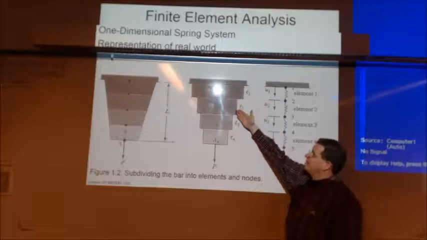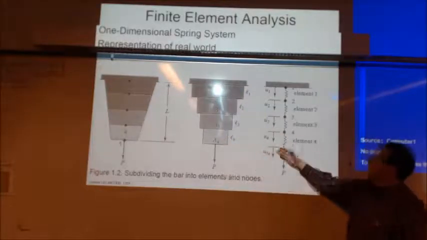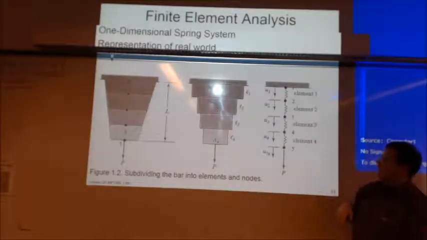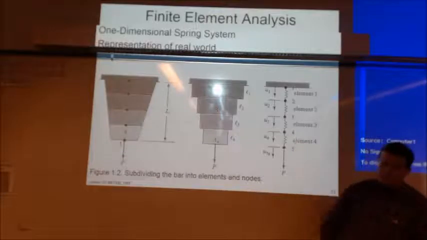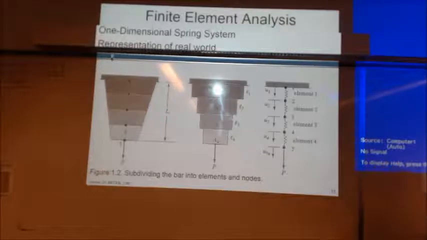So if we break it up into pieces, call it squares, and approximate it, then again, we can use a spring representation to determine what those deflections are going to be. This is leading up to creating representations of our geometry to be able to solve for our finite displacements. So questions about that?